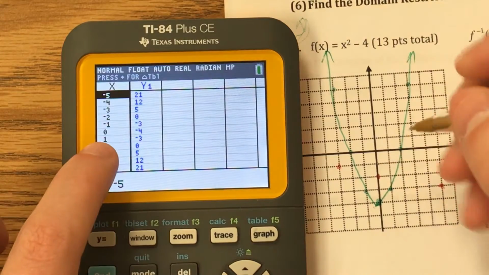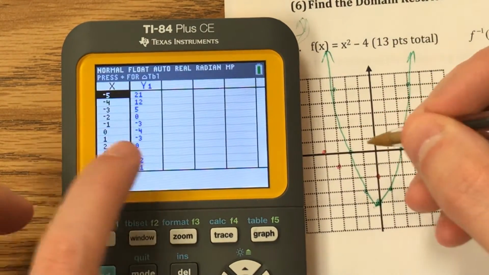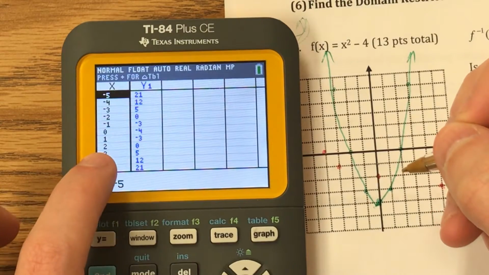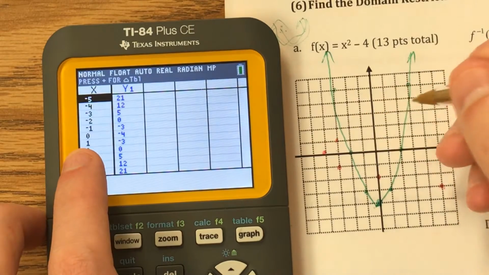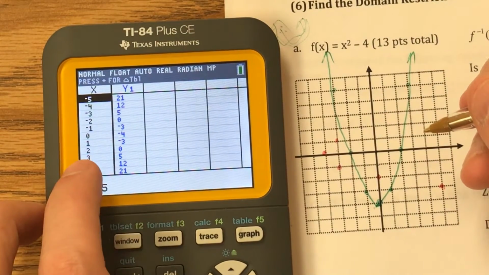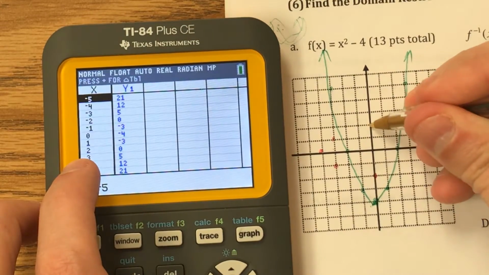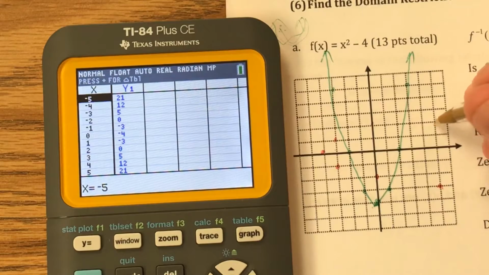Negative 4, 0. Negative 3, 1. And then 0, 2. And 5, 3. So 5, 1, 2, 3.